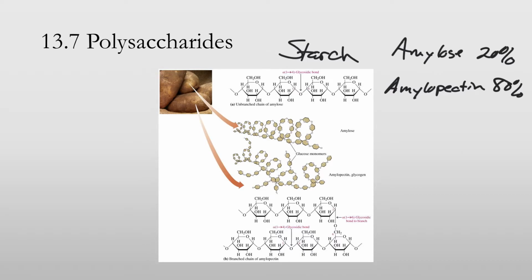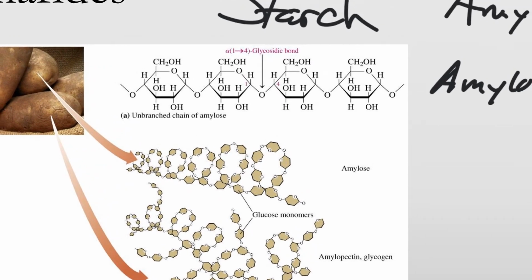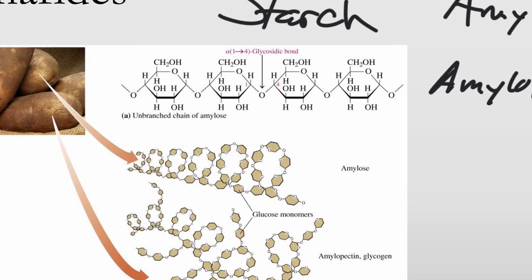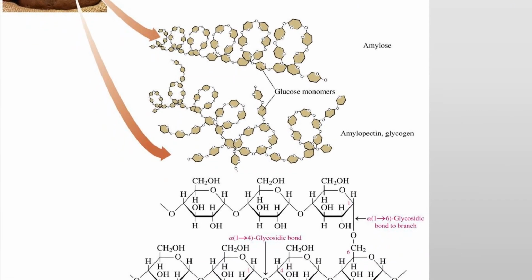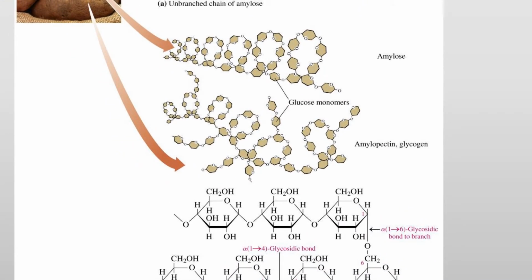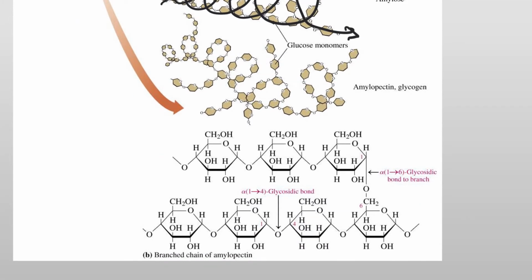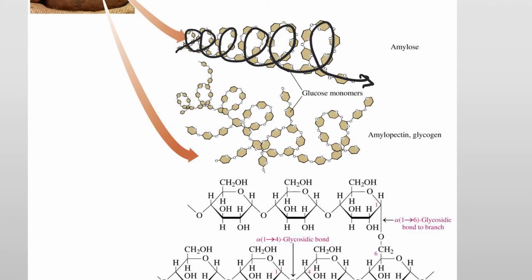And if we look at this, we have an unbranched chain of amylose, so the amylose is unbranched, and then the amylopectin is branched. You can see that the amylose forms a helix, a single helix, not a double helix like DNA. Whereas the amylopectin, also called glycogen, has the branches, and so it forms a jumbled mess.